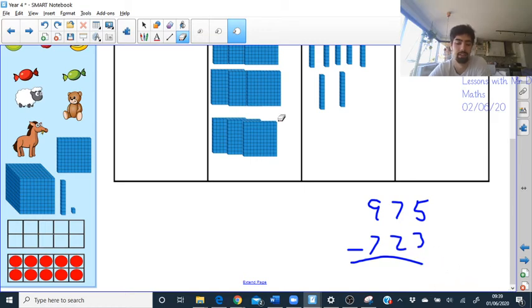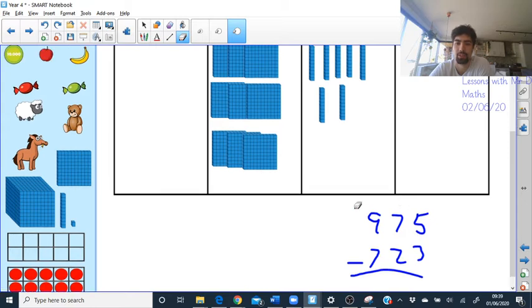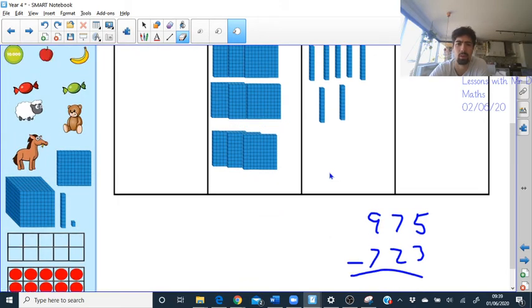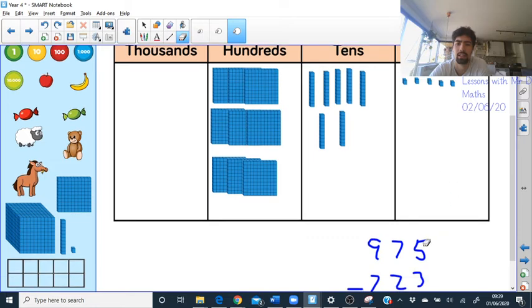Again, ones, tens, and hundreds, and we're taking away this time, so you won't see two sets of numbers. You'll just start with one, and you're going to take away, so that shows that our number's going to be getting smaller. Again, always start with the ones, and it was 5 ones we've had, and we're taking away 3 ones.